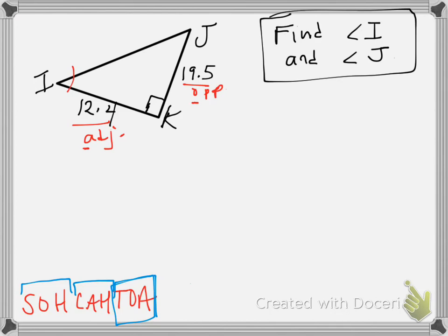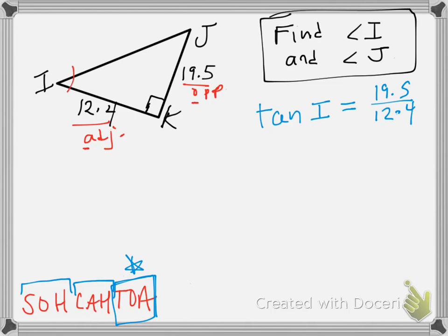So the tangent of angle I, which we don't know, is equal to the opposite over the adjacent. Tangent of angle I is equal to opposite, 19.5, over adjacent, 12.4.